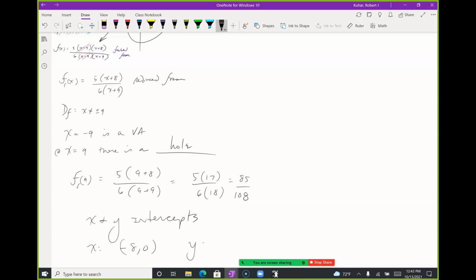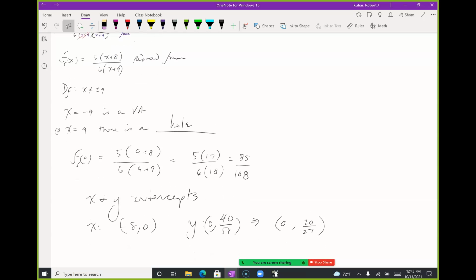I have a y-intercept at (0, 40/54), or (0, 20/27). So when I set my numerator equal to 0, I get x-intercepts. When I set x equal to 0, I get y-intercepts. And of course, I'll be able to see both of these on the curve when I graph it.